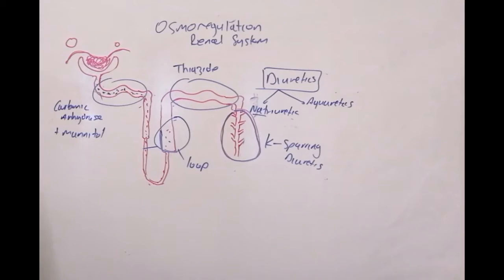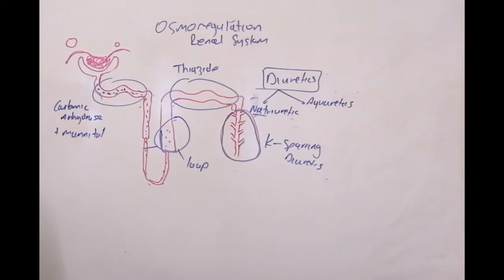So the next one is your thiazide. Thiazide are good for hypertension. You cannot put a patient who's got an edematous state on potassium sparing alone or thiazide alone. You need a second natriuretic. So thiazide are good for management of hypertension, and also potassium sparing.